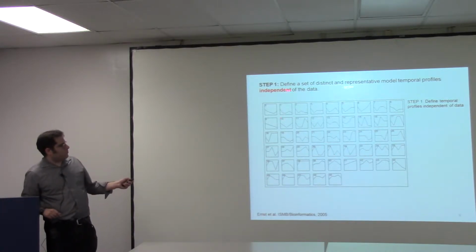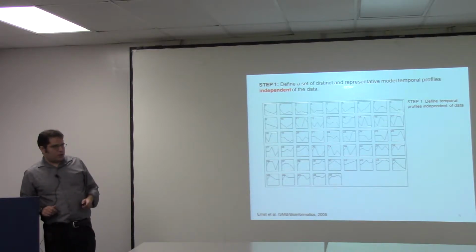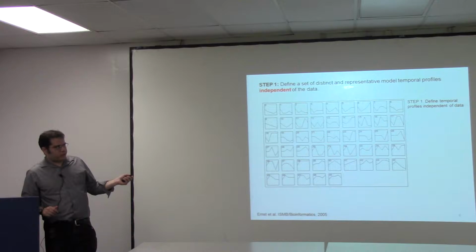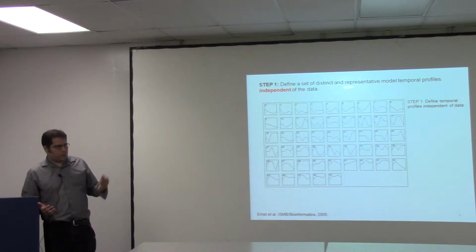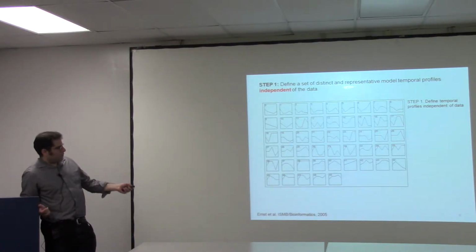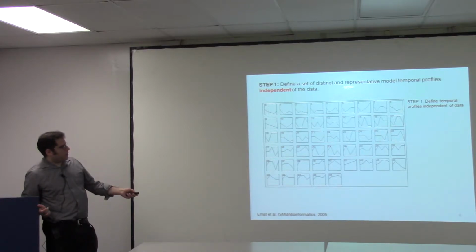What we want to do is define a set of distinct and representative model temporal profiles independent of the data. One of the key things we're leveraging here is the assumption that we have a relatively small number of time points. So it's reasonable that before we even look at the data, we could come up with, for example, a parameter of 50, meaning we want 50 profiles, and this is a set that we're saying covers this space.